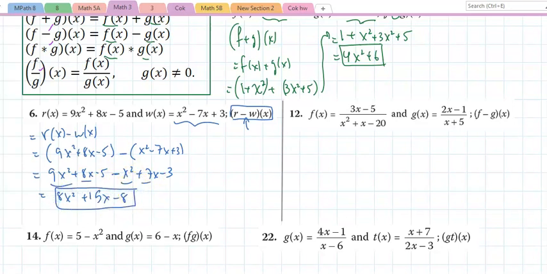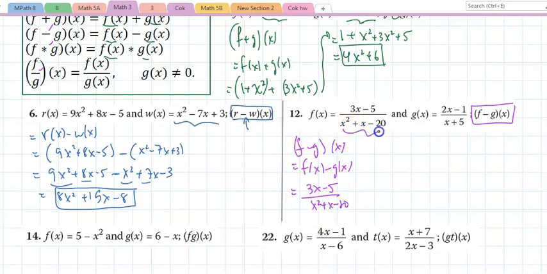If I look at number 12, it says find f minus g of x. F minus g of x is actually f of x minus g of x, and that would be 3x minus 5 over x squared plus x minus 20, minus 2x minus 1 over x plus 5.